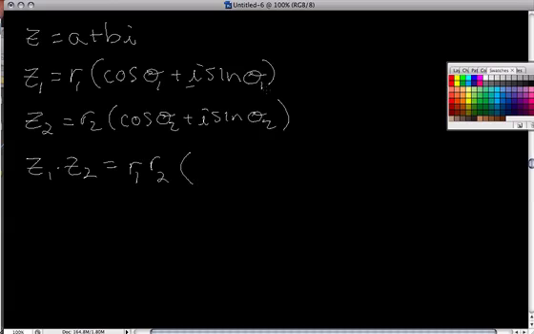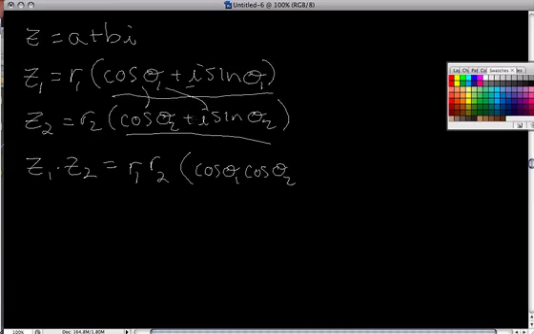But now we've got to multiply the trigonometric parts, and we're going to have to FOIL this. So we've got cosine theta sub 1 times cosine theta sub 2. Then we've got cosine theta sub 1 times i sine theta sub 2. I'm going to write that with the i in front: i cosine theta sub 1 sine theta sub 2.